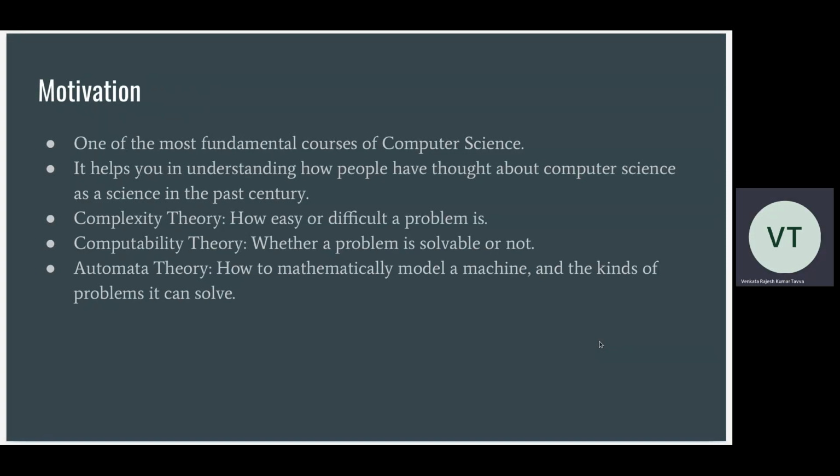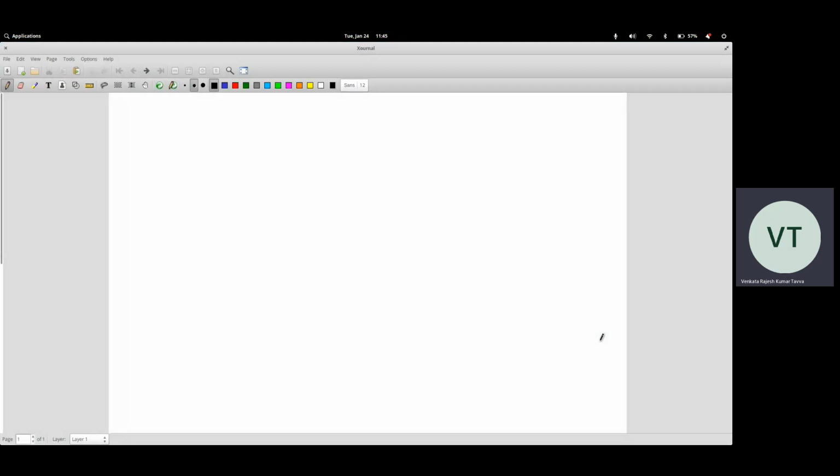Automata theory discusses different kinds of mathematical models of a computer. What are the strengths and limitations of each kind of mathematical model? What kind of problems each model can solve, right? So those kind of questions automata theory discusses. So let's get into each one of them, and you'll get a better idea as we go ahead.